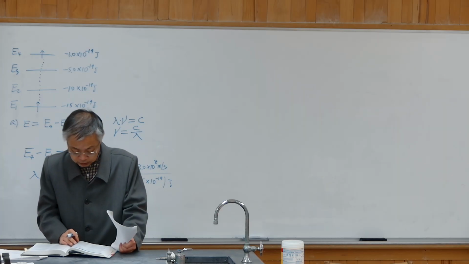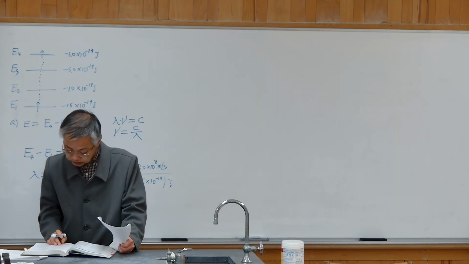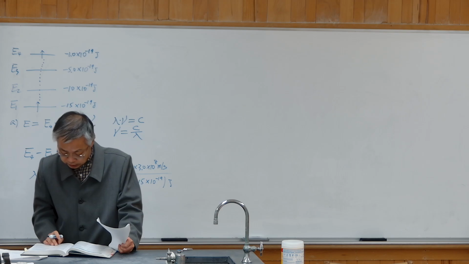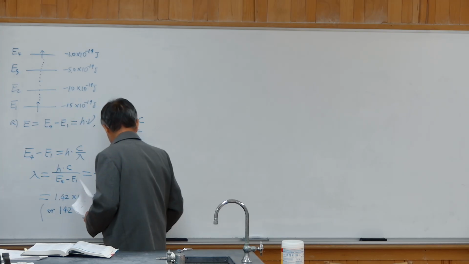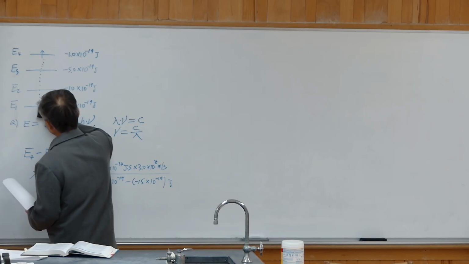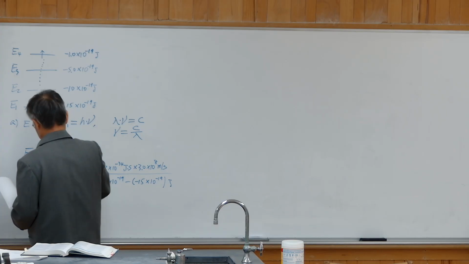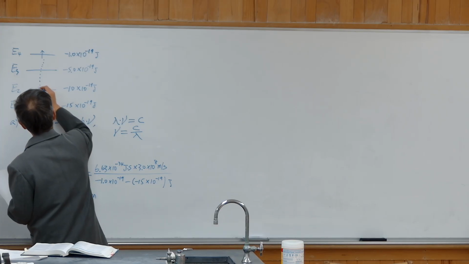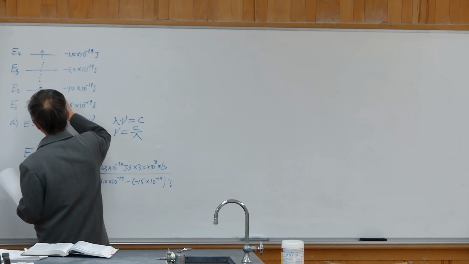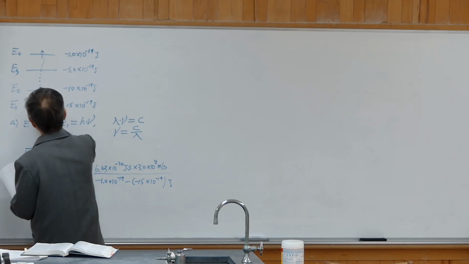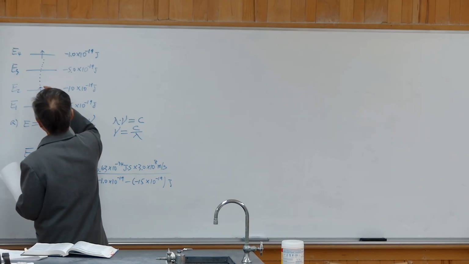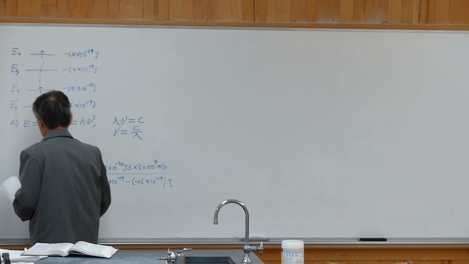Then take a look at B. It asks you, what is the energy in joules a photon must have in order to excite an electron from E2 to E3? So this time, the electron is initially on the E2 energy level, and you want to excite this electron to E3.